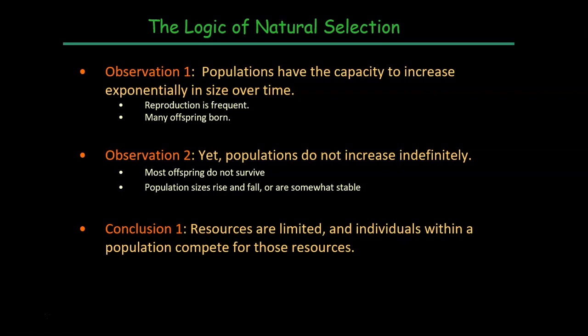Competition's really important on this planet in terms of biology, okay? So basically, the Earth does not have an infinite number of resources for me, for you, for any species. And if a population gets big enough, there's going to be competition between individuals in that population for those resources.